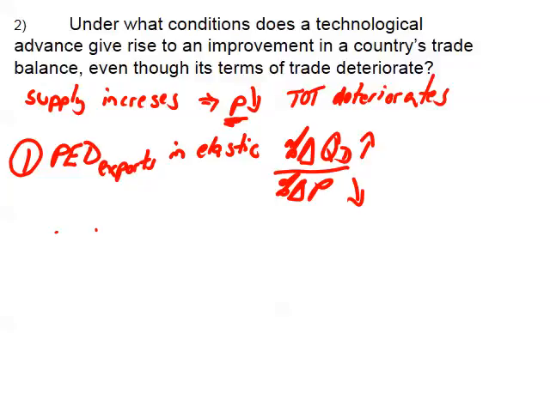And if demand is elastic, then the numerator needs to be greater than the denominator. And so we have a decrease in price, but we gain proportionately more in quantity demanded. So what happens to total revenue? Total revenue would increase, and so we would have, in this case, an improvement in the current account.